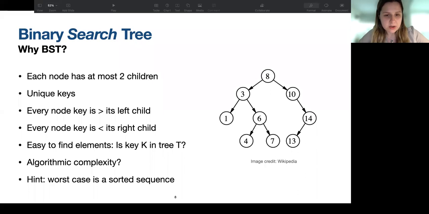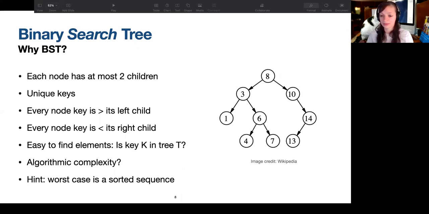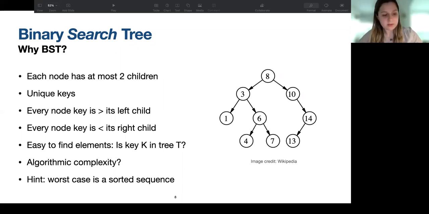Okay. So I just wanted to reiterate how the search would work. We have access to the root, which is 8 in this case, and let's say we are asked to find an element which is 7. We compare the element to the root. We figure out whether the element should be on the left side or on the right side of the root, and we take either the left subtree or the right subtree.